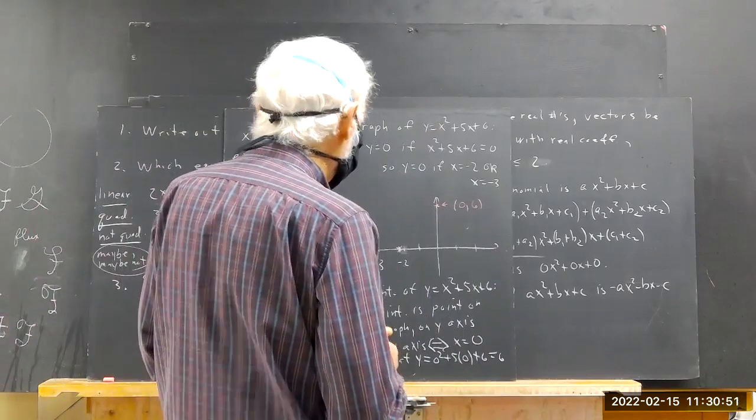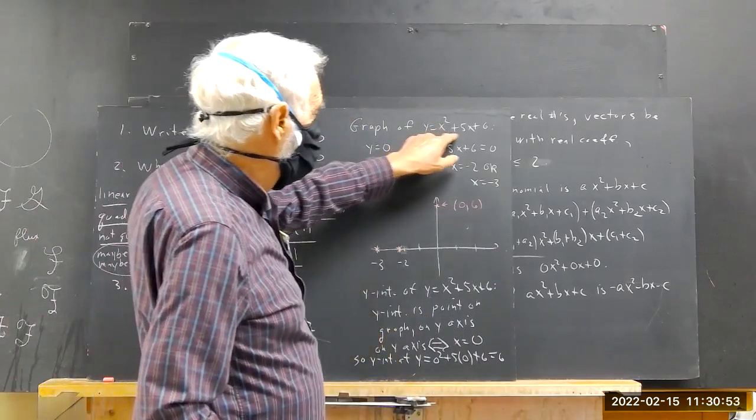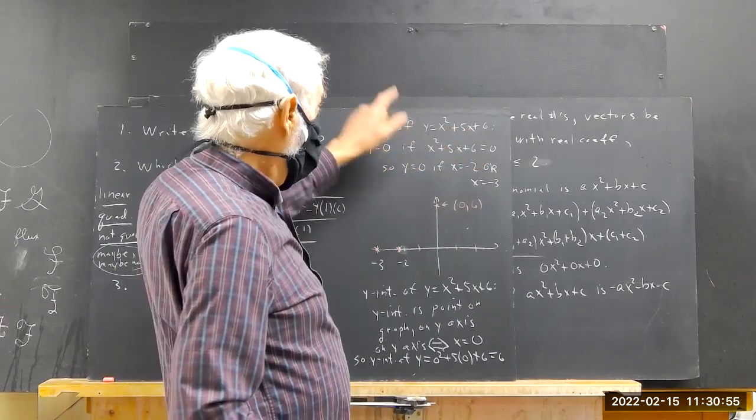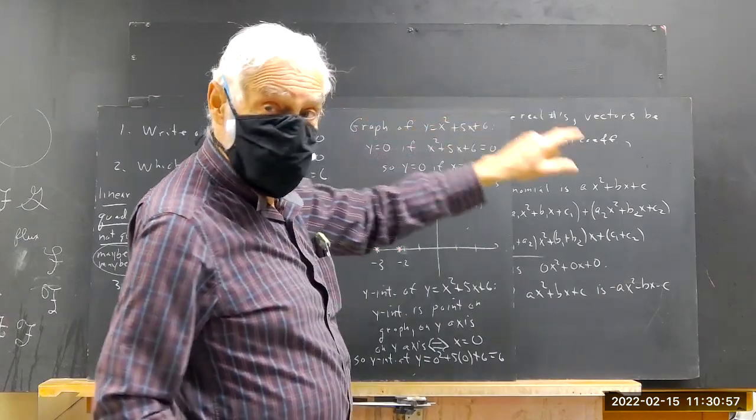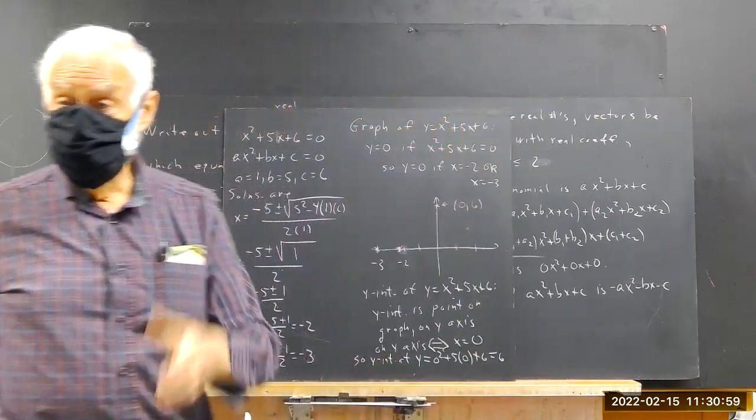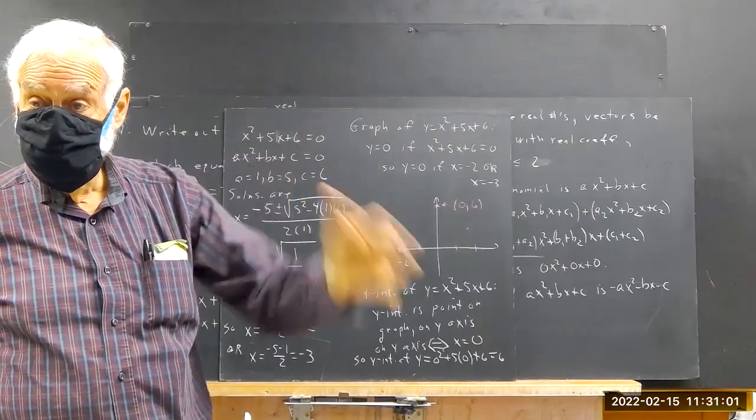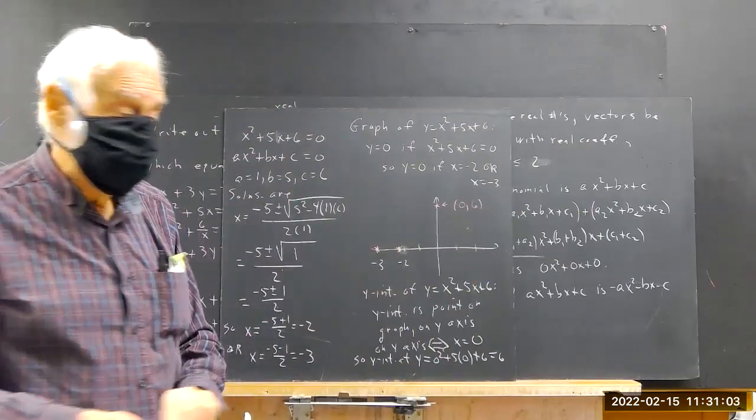Well, the graph of any quadratic function, any function y equals ax squared plus bx plus c, is a parabola. Got this shape, or upside down. Okay.